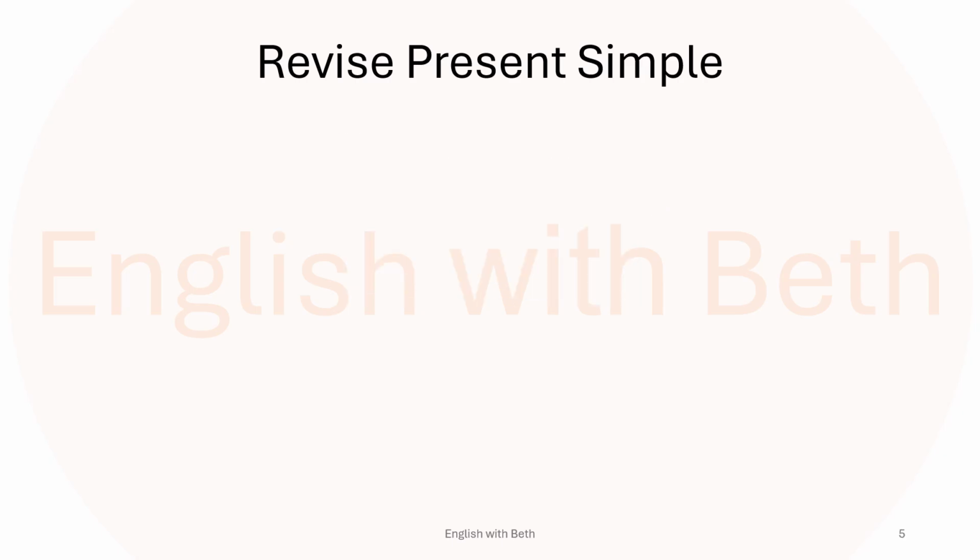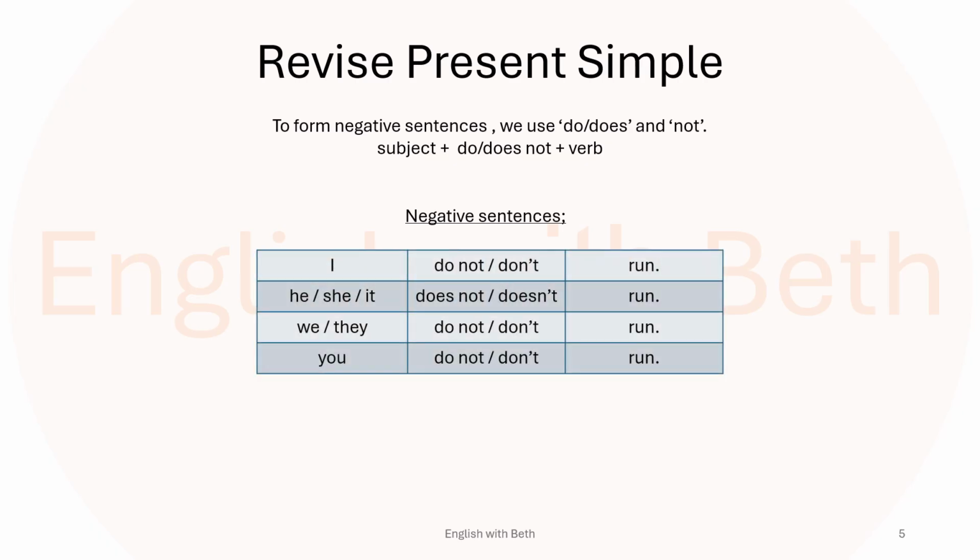To form the negative, we use do or does as the auxiliary verb and not. So subject plus do or does not plus the verb. I do not, don't run. He, she, it does not, doesn't run.